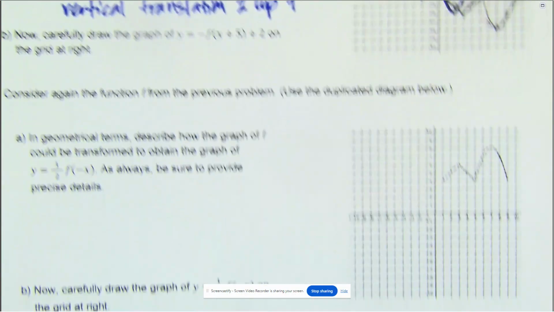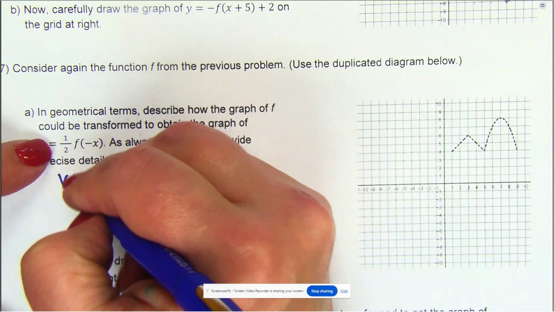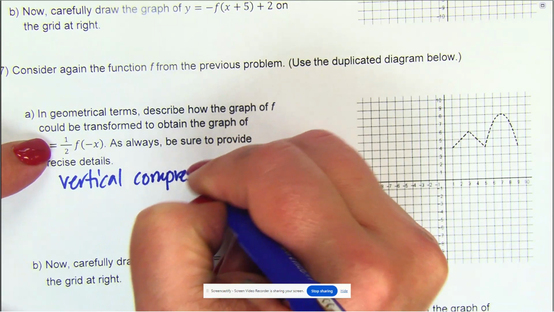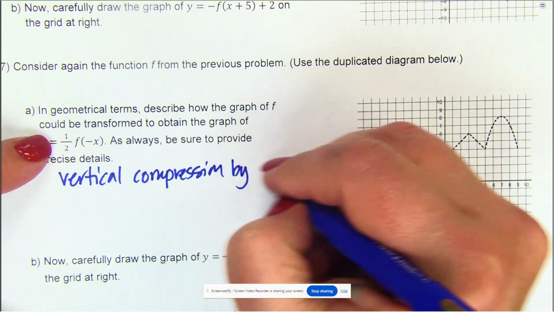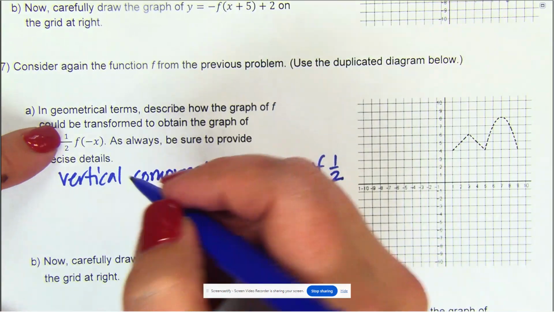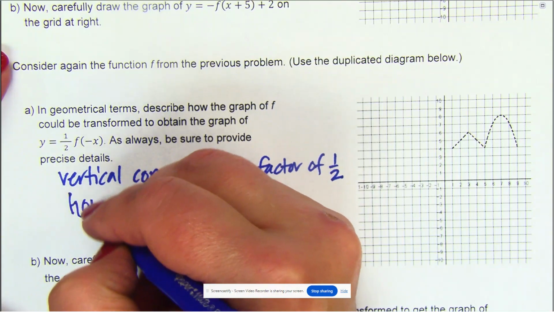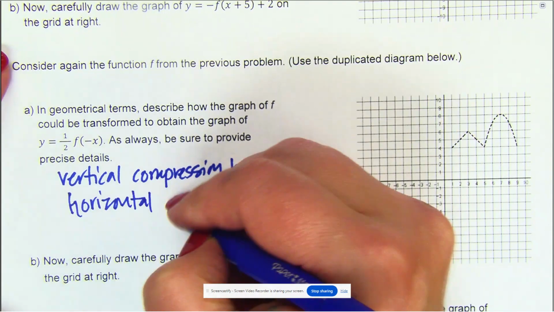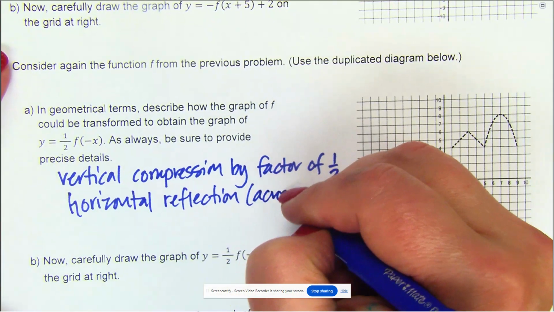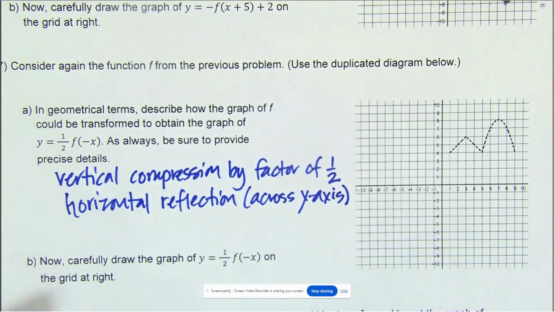All right, next one, another function f of x. So the 1/2 is a vertical compression by a factor of 1/2. And the negative on the inside with the x is a horizontal reflection, which is across the y-axis. So I'm going to do this in 2 steps.